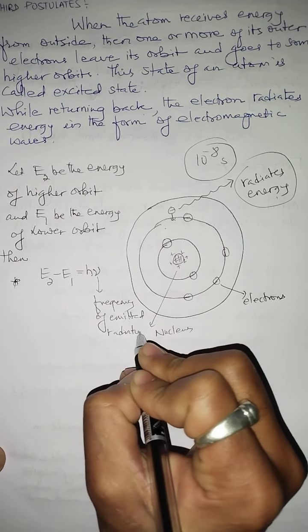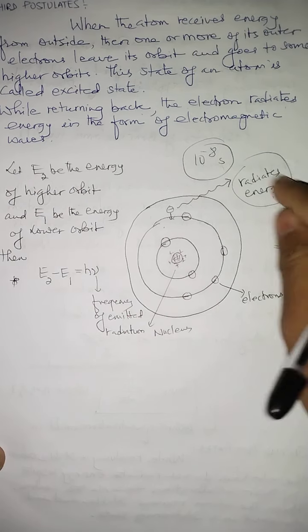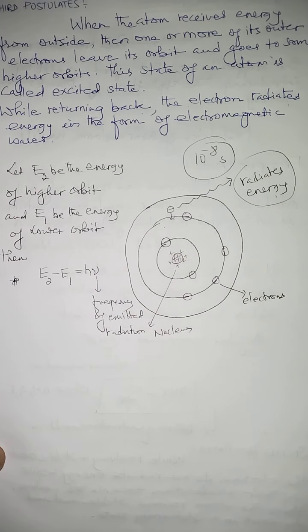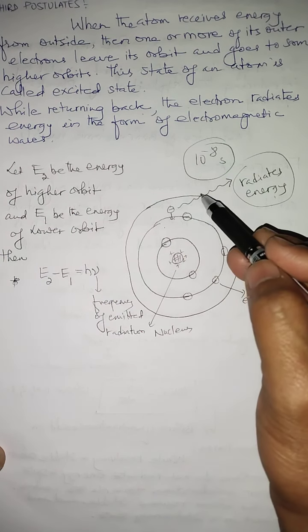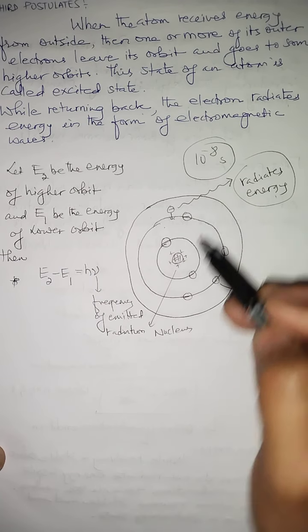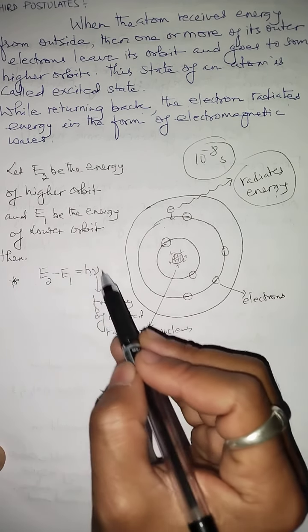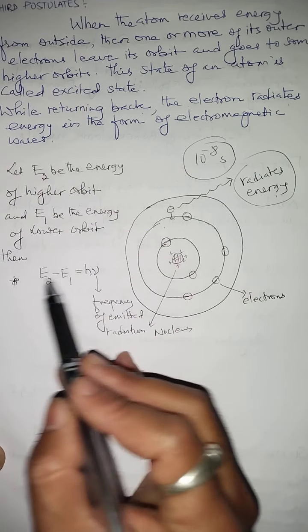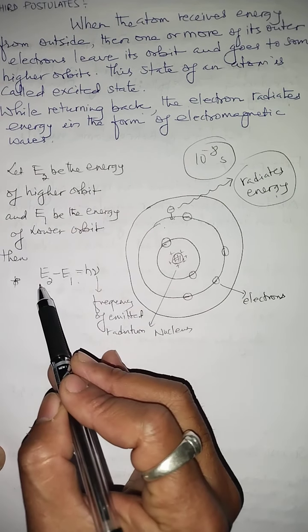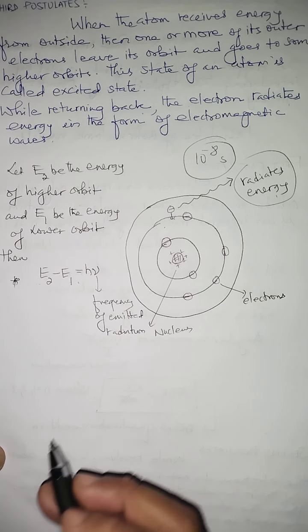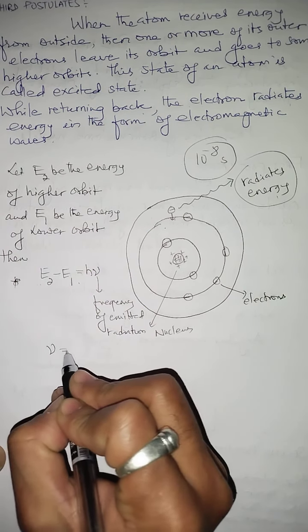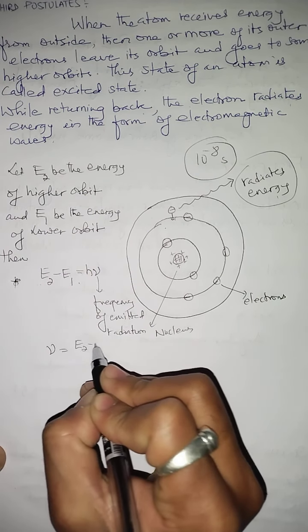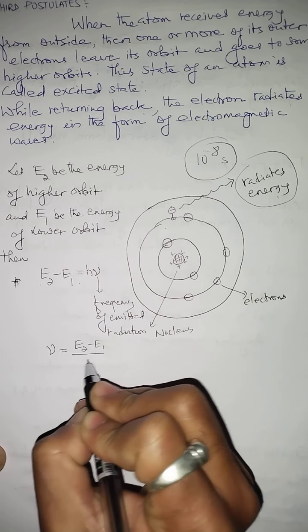That means radiation will be emitted from the atom only when electrons jump from a higher orbit to a lower orbit, and the energy of the emitted radiation, h nu, the energy of the photon, is equal to the difference in energy between the two orbits, E2 and E1. From here I make nu the subject, so it will be E2 minus E1 by h.